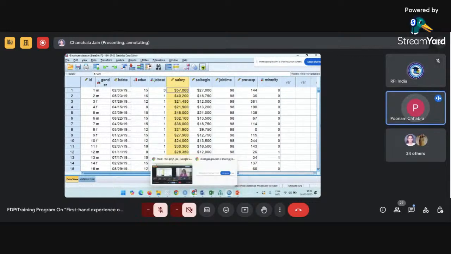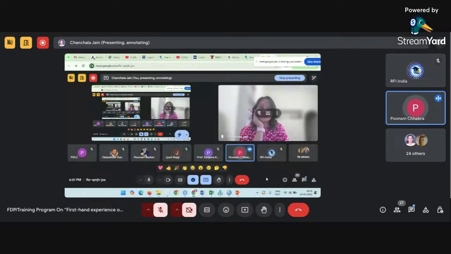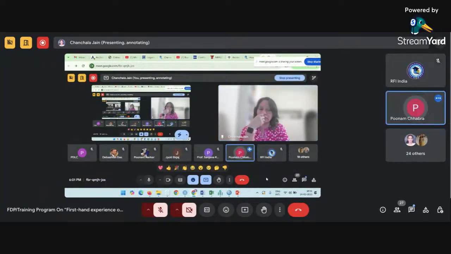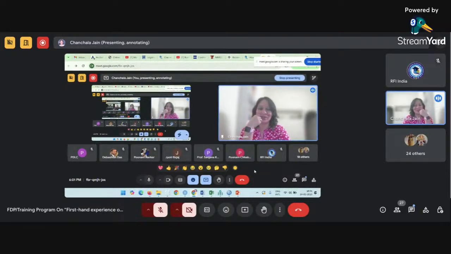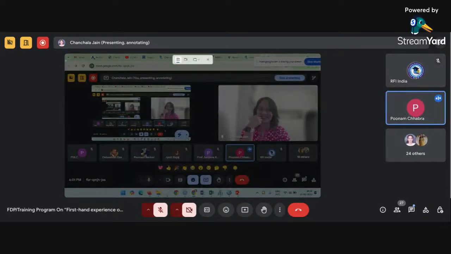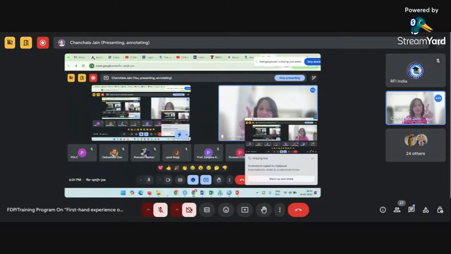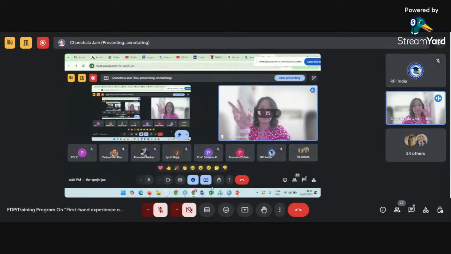Maybe this is a hypothesis that we want to compare the salaries. Yes, very correct. Male salary is greater or less than. They are the two cases. Very correct. Good going, Poonam ma'am. Yes, ma'am, because it has two tails, either less than or greater than. If you are saying less than or greater than, it is one tailed.